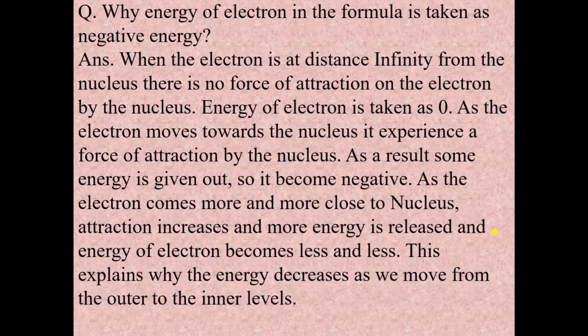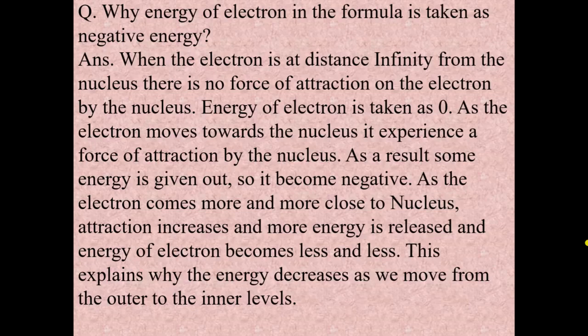We will understand this answer with the help of one example. Suppose there is one atom and the electron is present at an infinite distance from the nucleus of the atom. When the electron is at infinite distance, there is no force of attraction between the electron and the atom. So we will take the energy of the electron equal to 0.